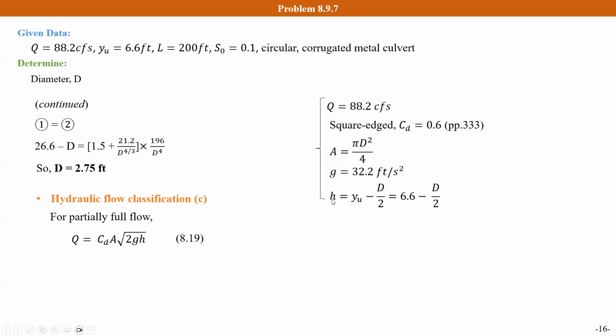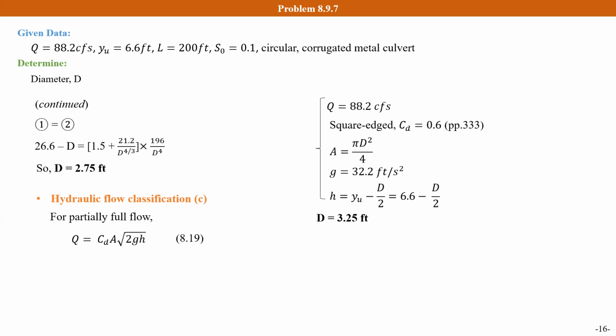And the height above the center of the pipe opening equals the upstream water depth minus the diameter divided by 2. After we bring these parameter values back into equation 8.19, we can calculate the diameter. It equals 3.25 feet when it is in category C.